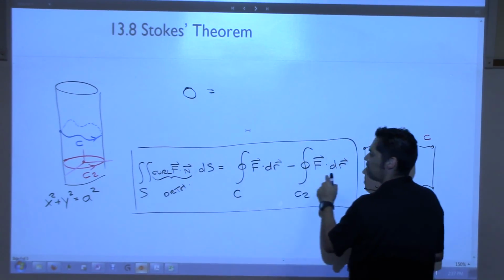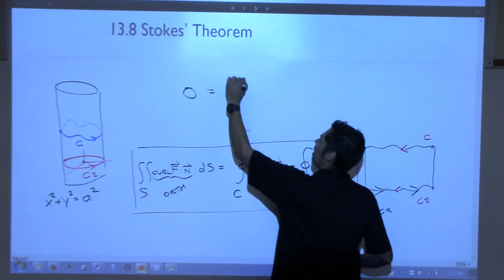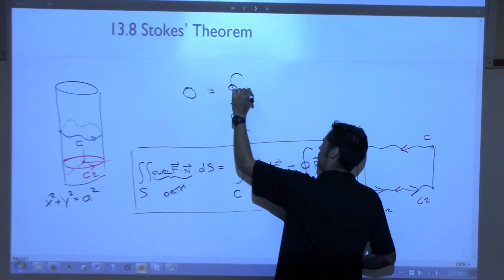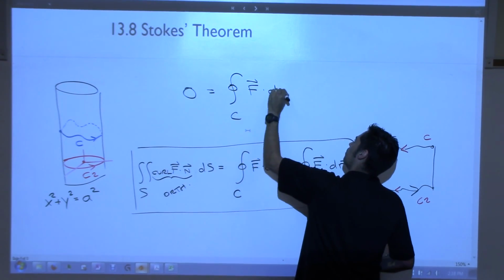So if the left side is 0, then these two on the right side are all that's left. Not that they cancel, they're equal to each other, right?